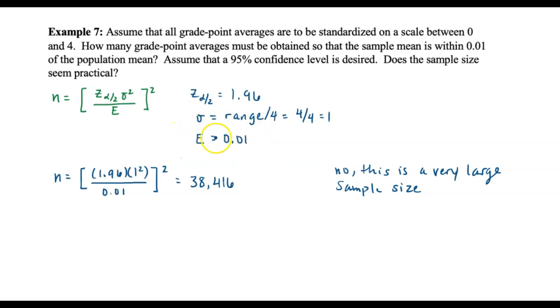If we have a larger standard error, a larger number in the denominator, that would make this n smaller. So that would help us. Or what's most commonly done is we can just expand the confidence interval. So if we made this a 90% confidence level, that would expand the confidence interval, and so we would have a smaller n because this z number would be smaller. So there are different things we can do about that.